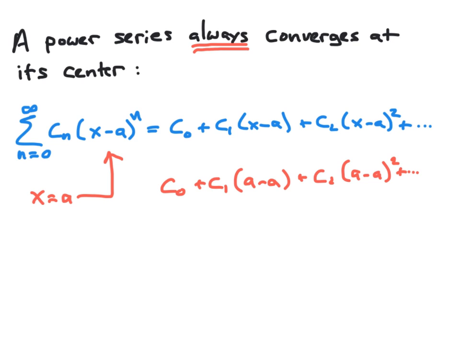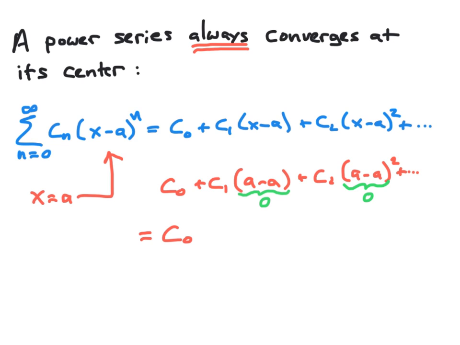So this will be enough to see what's going on, because here we see that in the second summand, I have an a minus a, which is equal to 0. And in the third summand, I also have an a minus a, which is equal to 0. And every other term in our power series will have a factor of a minus a raised to a power, and all of those expressions will always be 0. And so after all of the zeros are computed and added on, our final sum is just c sub 0, which is a number.